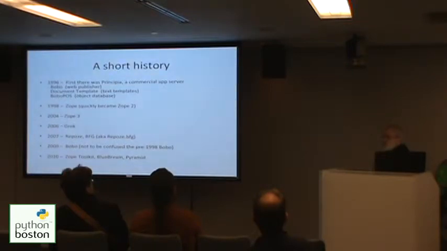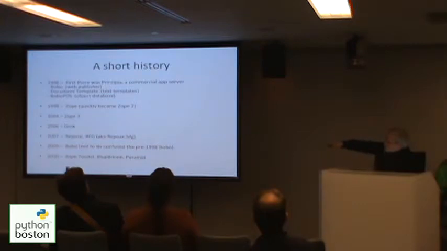Then there was a little period of confusion because now we had Zope 2 and we had Zope 3, and they were on parallel development paths, and there was no way they were going to merge. Zope 2 started to use some of the libraries out of Zope 3, but there was no way the Zope 2 framework would ever be replaced by Zope 3.